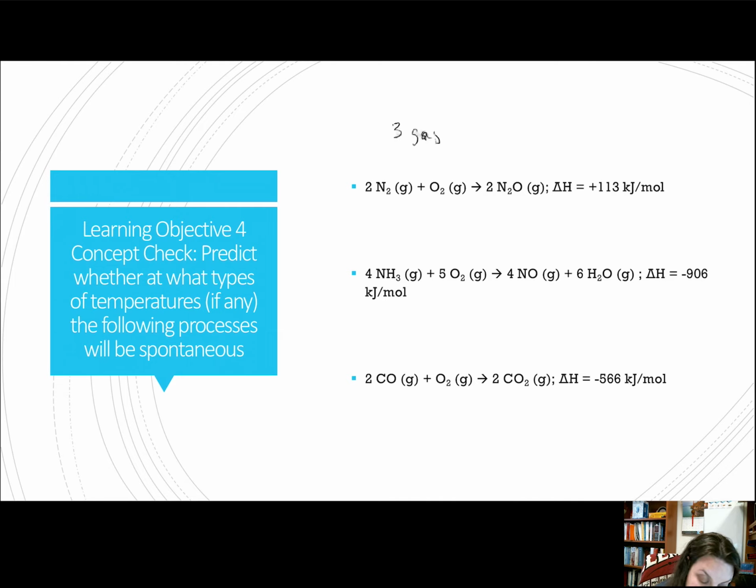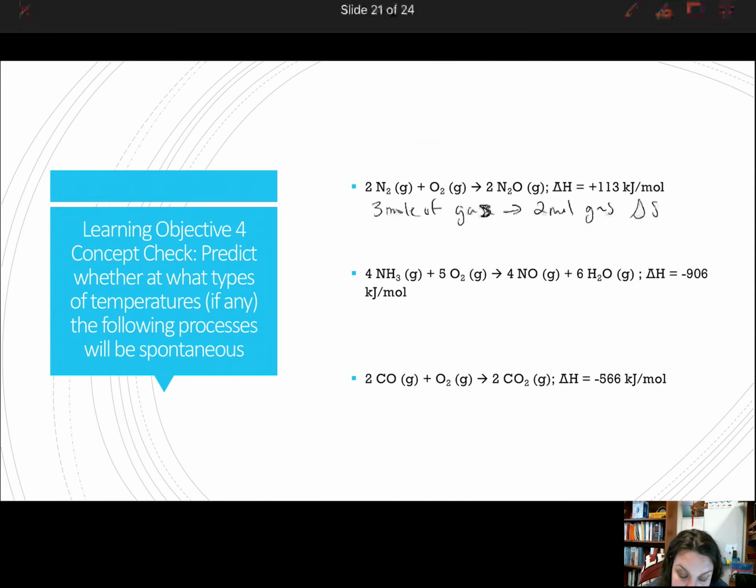I should probably write it down here. So we have 3 moles of gas going to 2 moles of gas. This is going to have a delta S that is negative.